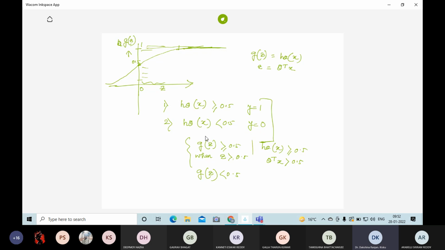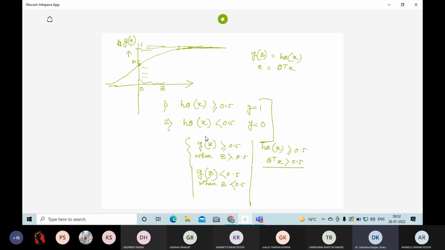Now from the first observation, g of z greater than or equal to 0.5 when z is greater than 0.5, we can decide h theta x greater than or equal to 0.5 when theta transpose x is greater than 0.5. And from the second observation we have g of z less than 0.5 when z is less than 0.5.